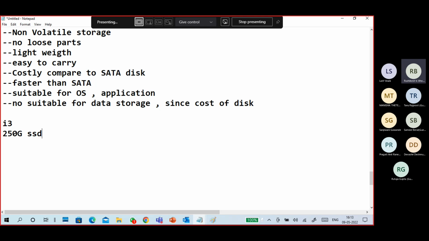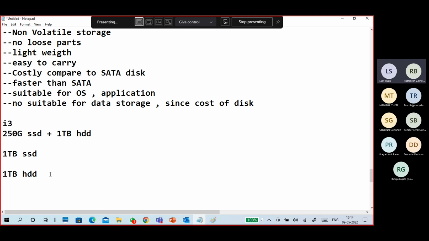Better to buy a normal hard disk. A 256 GB SSD plus a 1 terabyte normal hard disk. If you go for a 1 terabyte SSD, the cost automatically increases. With the other, the cost decreases.